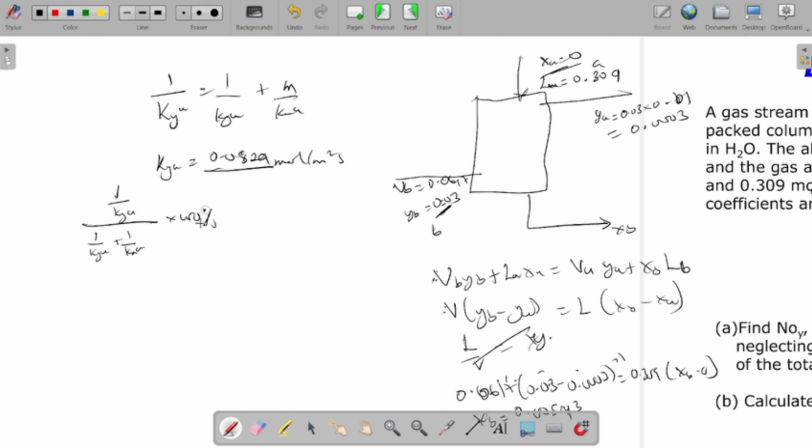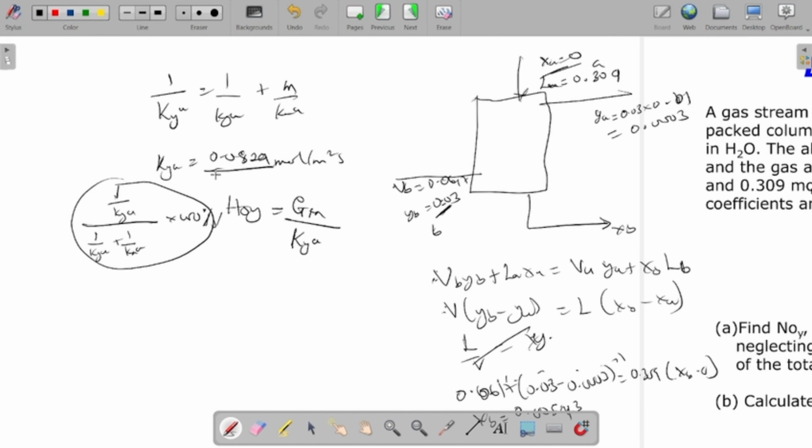So if I use this one, I can get the percentage that's just in the gas phase. Then we have that relation there. So from here, you can actually get HOY, which the question wants, which is GM divided by the mass transfer coefficient times the interfacial area.